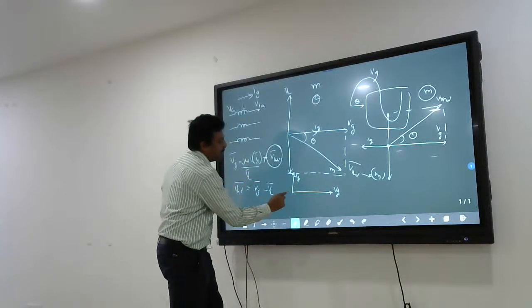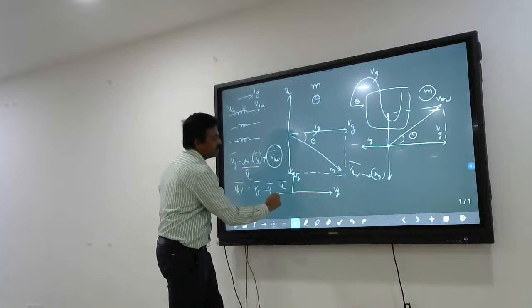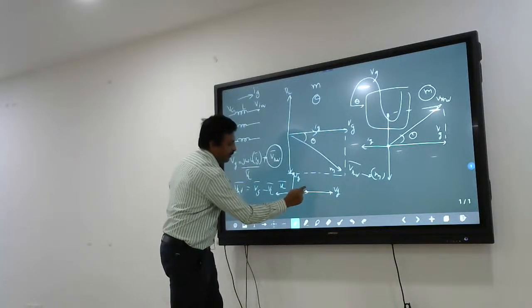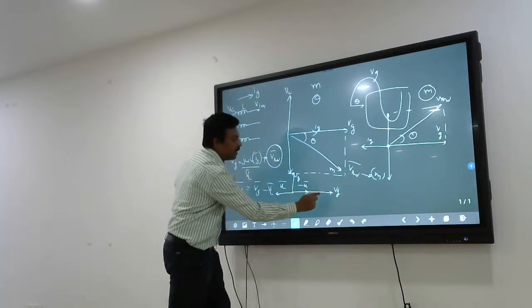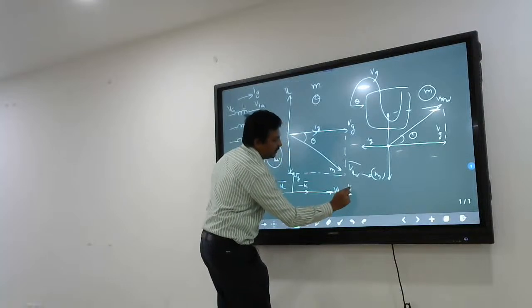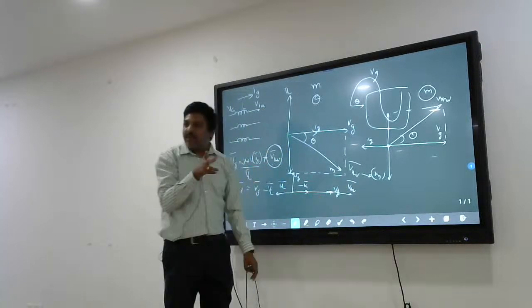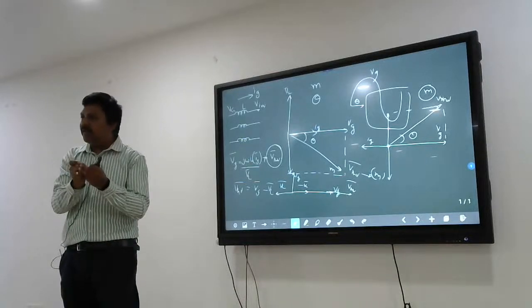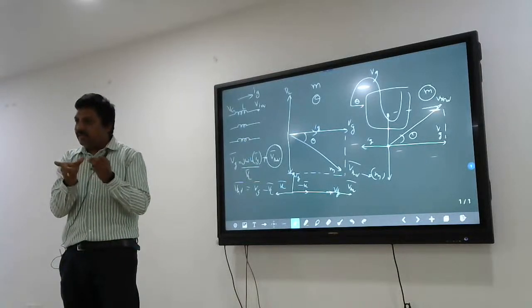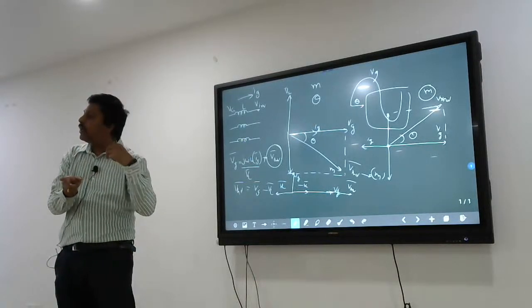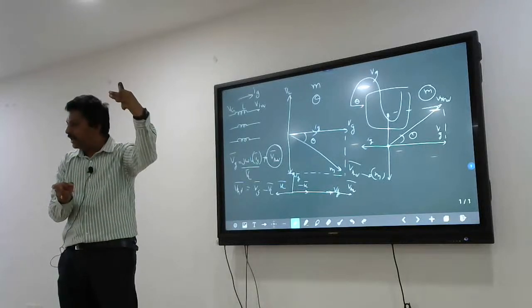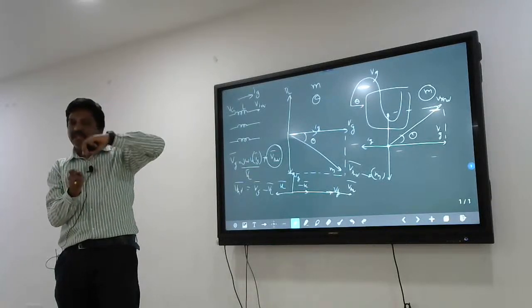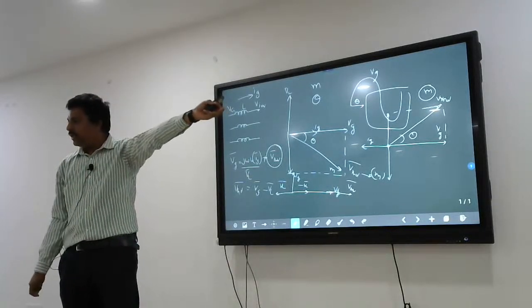If IG is up, VL bar is like this. Minus VL bar plus VG bar gives this V inverter bar. That means the inverter voltage is in phase with the grid voltage, but you are increasing the voltage with a higher modulation index. Then you can supply reactive power to the grid.